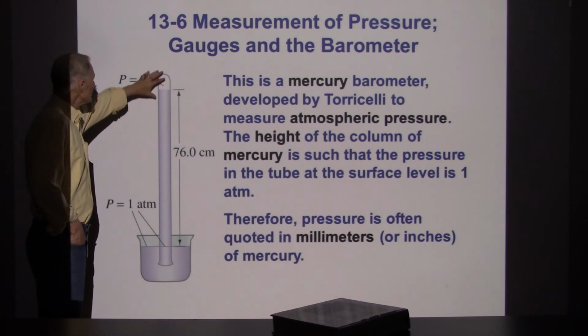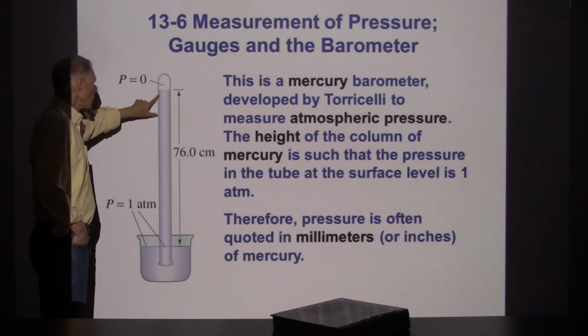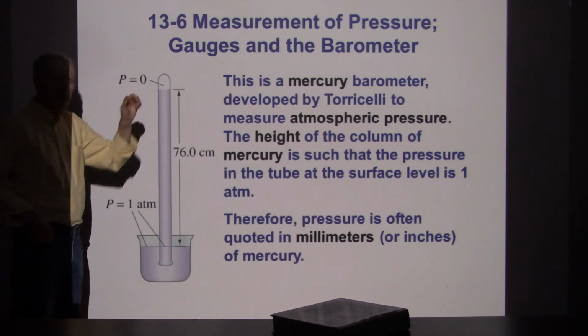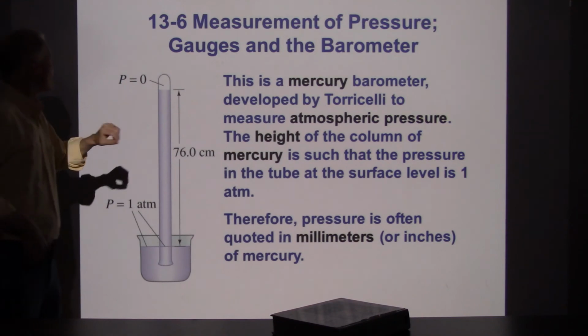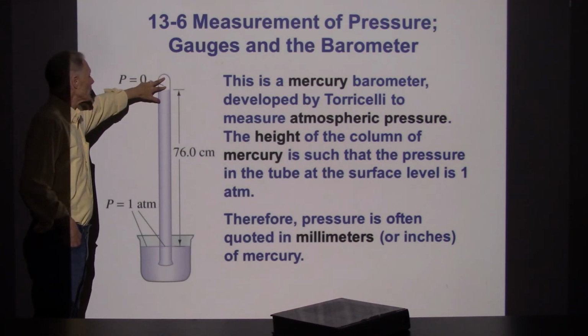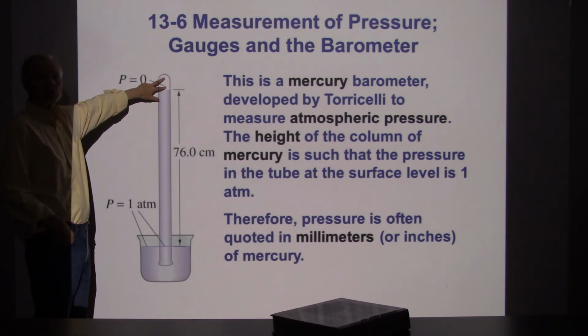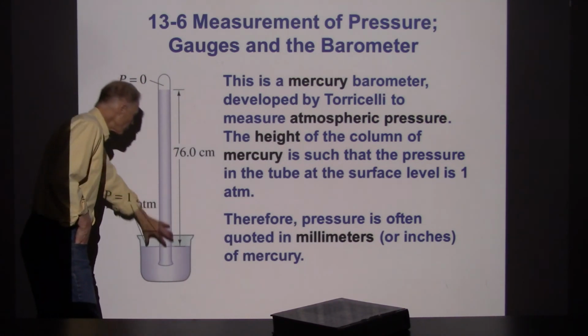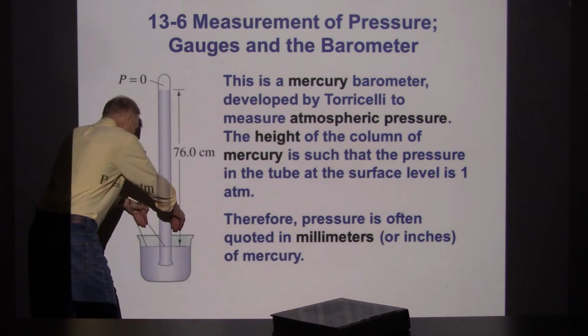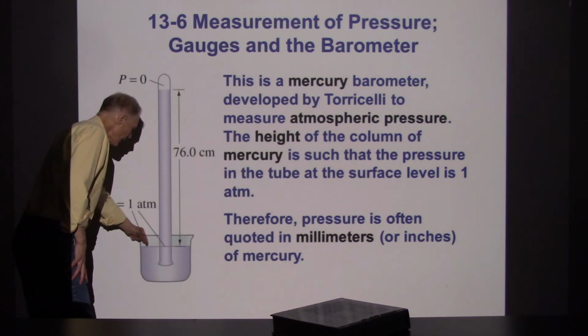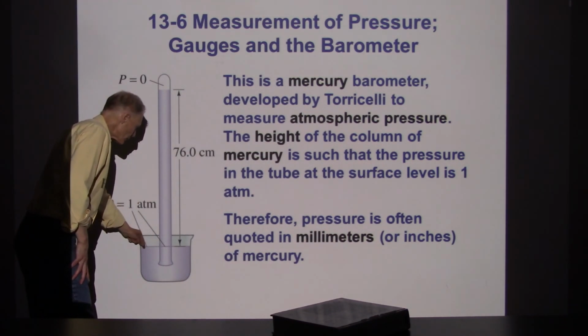It turns out that if you take a tube, now notice it's closed off at the top. You take the tube, you fill it with mercury, you flip it upside down so that there's no air. That means there's no air pressure. Now, you flip that over, you put it in another puddle of mercury, and there's air pressure here. So at this level, there is 1 atmosphere of pressure.